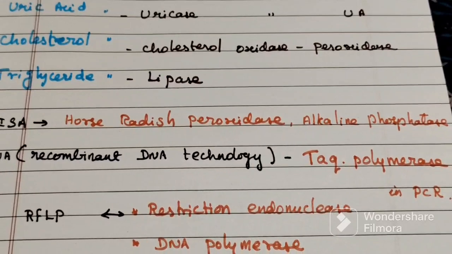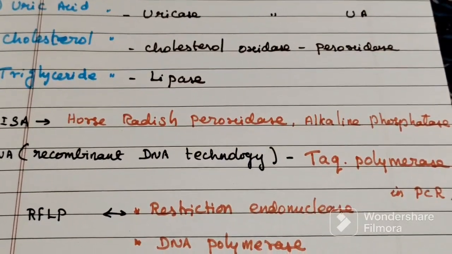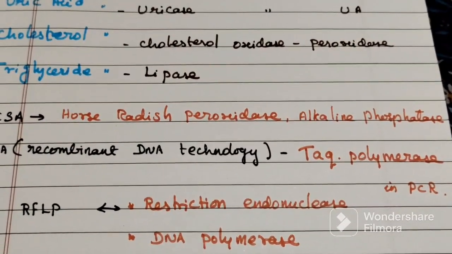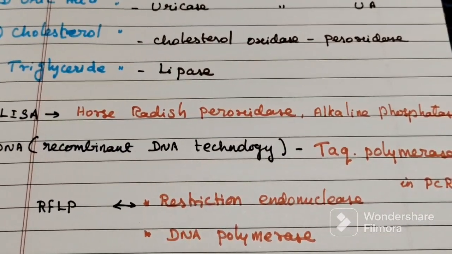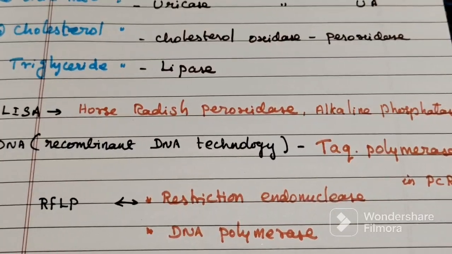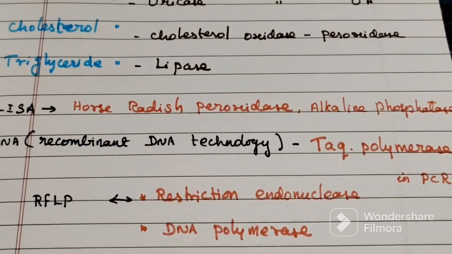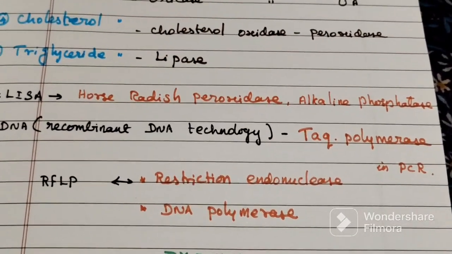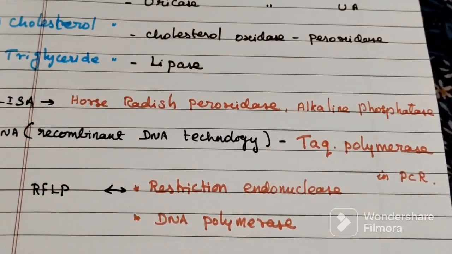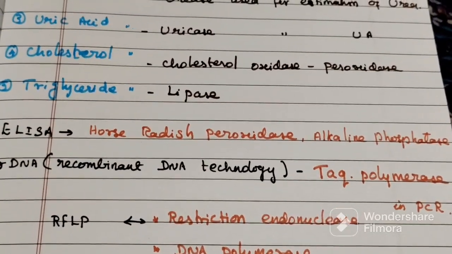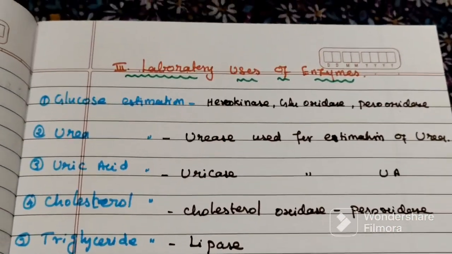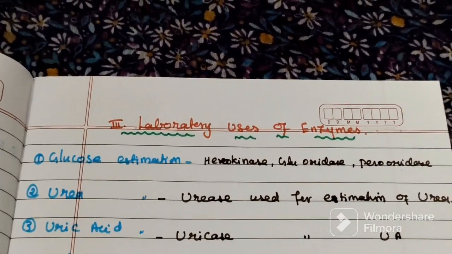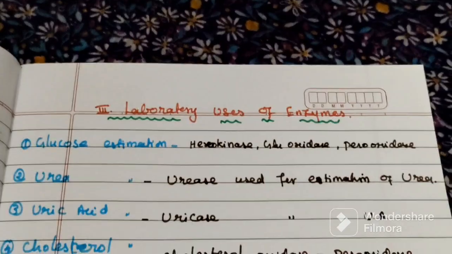Restriction endonuclease is used in DNA technology. RFLP, restriction fragment length polymorphism, uses restriction endonuclease and DNA polymerase. So these are the enzymes used in the laboratory. Lab enzymes are used for diagnosis of diseases.